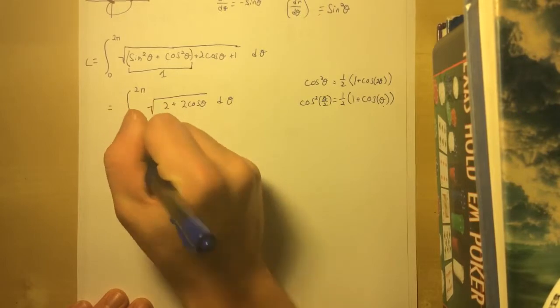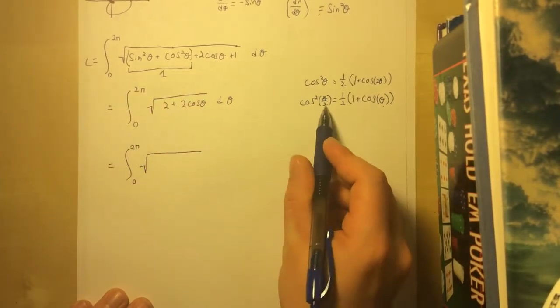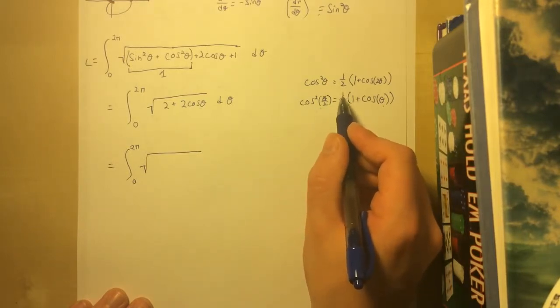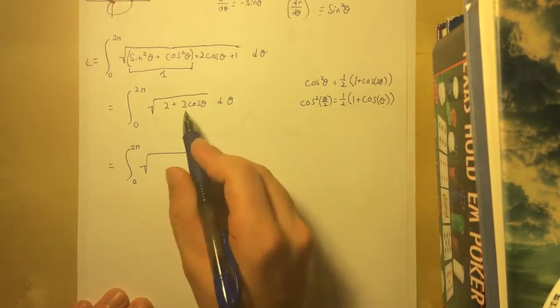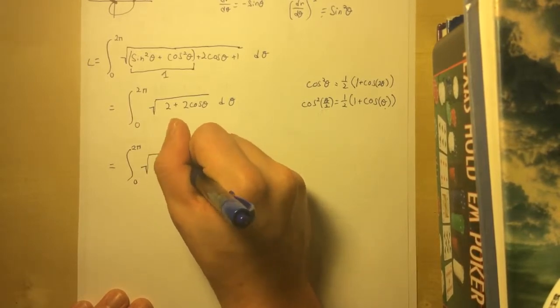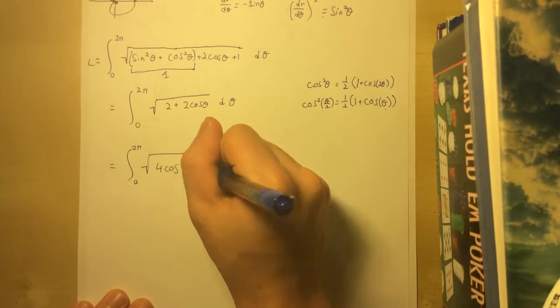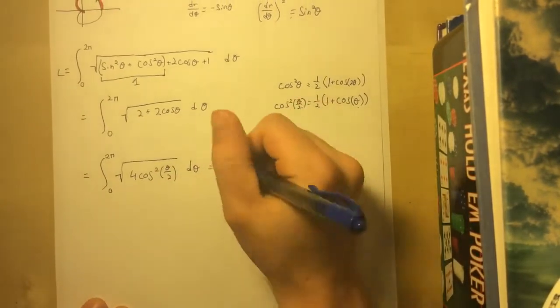After you do that, I believe you have to multiply both sides by 4, and you get a 4 over 2, which distributes out, so you get 2 plus 2 cosine theta. So you're going to have 4 cosine squared theta over 2 d theta.